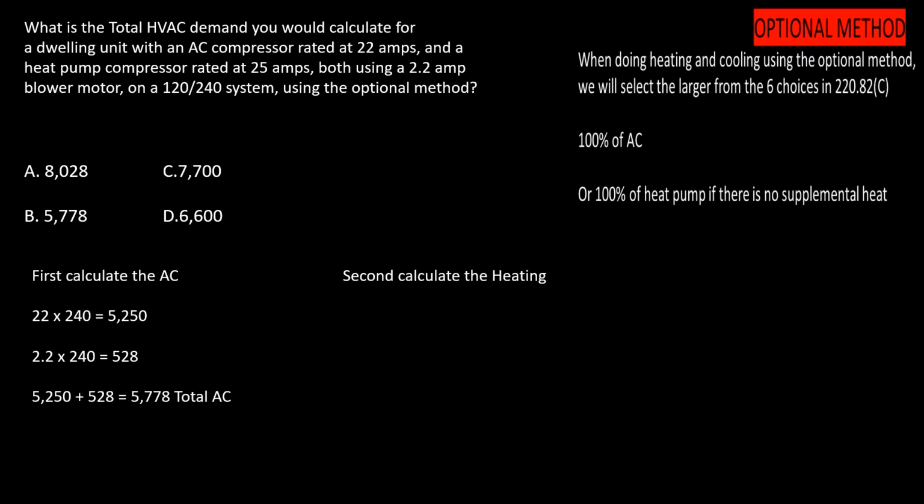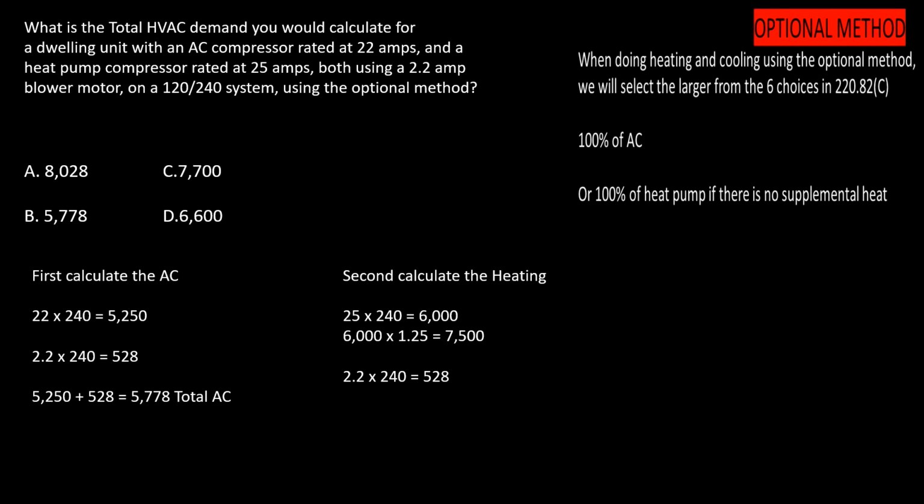Now let's go ahead and calculate the heat. So we're going to take 25 and multiply it by 240, and that's going to give us 6,000 VA. Then this is going to be our largest motor, we're assuming, in this calculation. I have you do that just for good practice, and that's going to give us 6,000 multiplied by 1.25. That's going to take that up to 7,500.